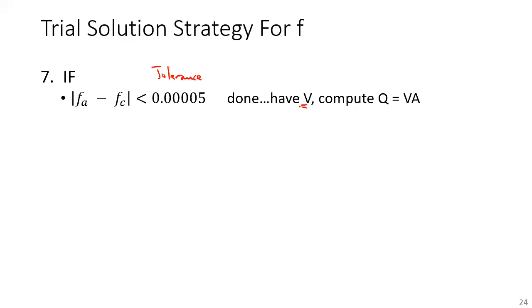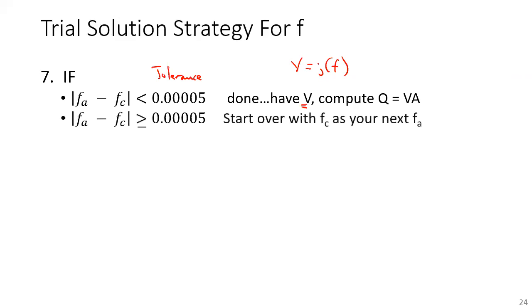Remember, once we assumed the friction factor, the velocity was a function of the friction factor. And since we met our tolerance, within these calculations, we have the velocity, and therefore with continuity, we can calculate the discharge.